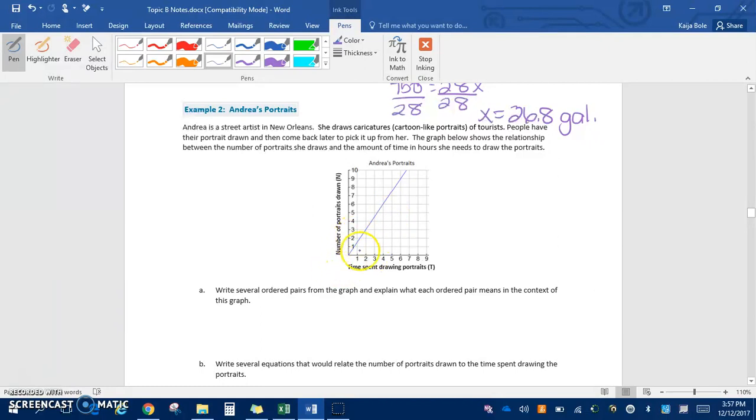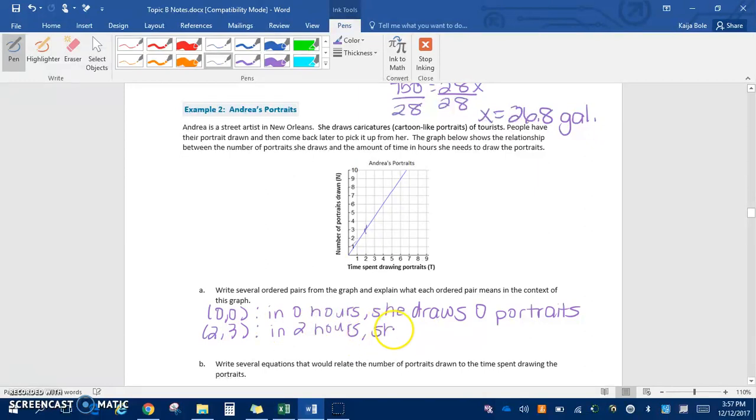If we look at the graph, we're going to pick a nice one first. Let's start with the origin, 0, 0. This just means that in 0 hours, she draws 0 portraits. If we want to pick a nice one that's right on a point, I'm going to look at 2, 3, which would mean that in 2 hours, she draws 3 portraits.